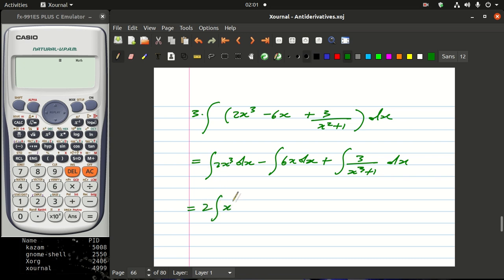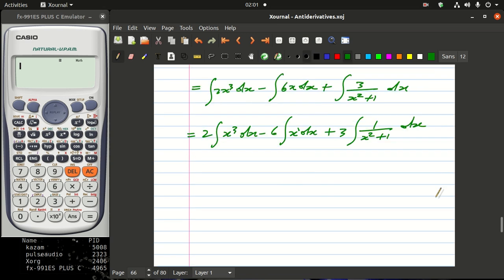I have x cubed dx minus 6. I pull out the constant. I have x dx. There is a 1 if there is nothing there. And then I have a plus. Pull out the constant. I have a 3. And then I have 1 divided by x squared plus 1 dx.